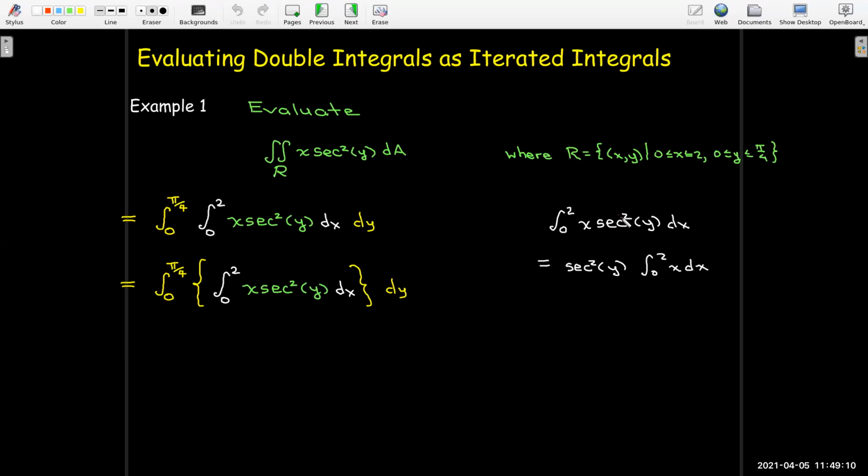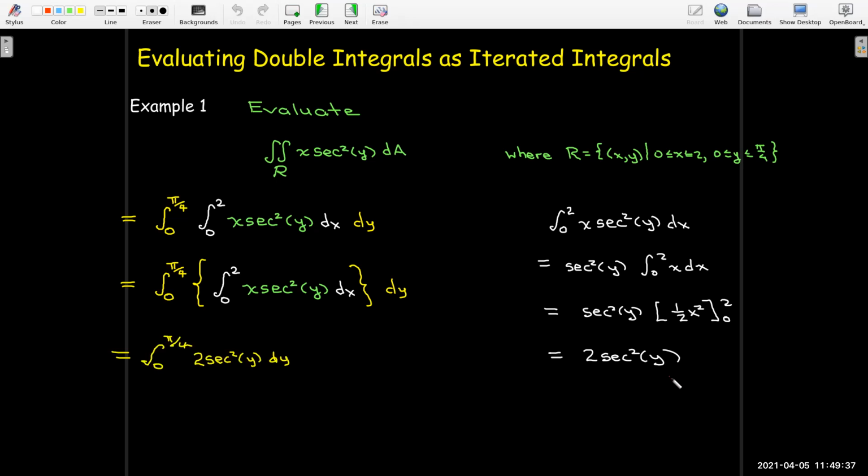Then I'm left with simply finding the antiderivative of x, which we all know is 1/2 x squared. I can evaluate that between 0 and 2, and I'll get 2 secant squared y as the value of the inner integral. So again, I wind up with a formula that has only y in it.